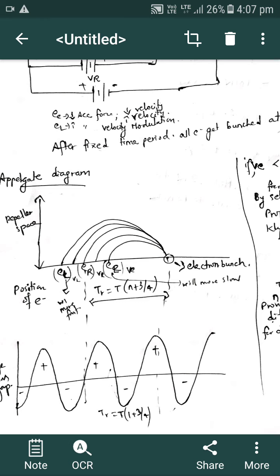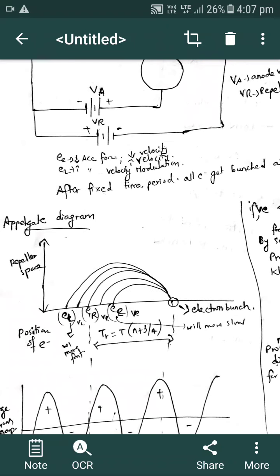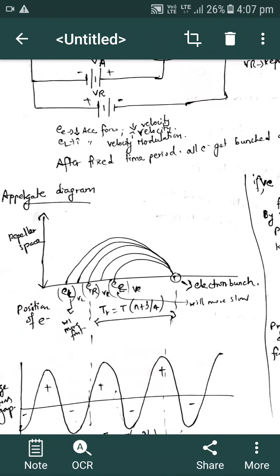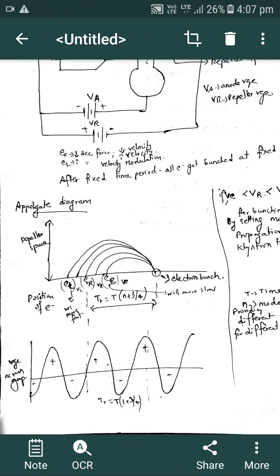These are the electrons which are generated by the electron gun continuously. When they get reflected by the repeller electrode, they all bunch together at one position in the anode cavity. This is the representation of that.